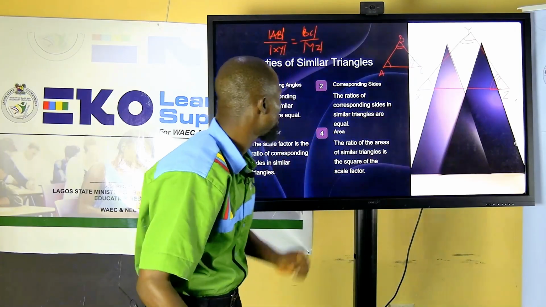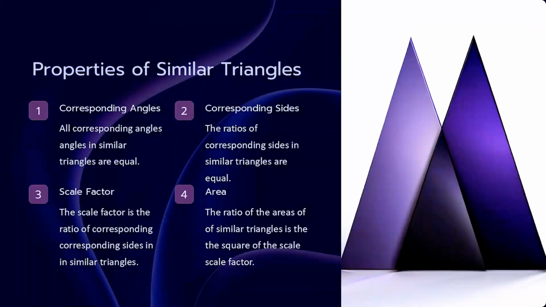So that is why they said the ratio of the corresponding sides in similar triangles are equal.